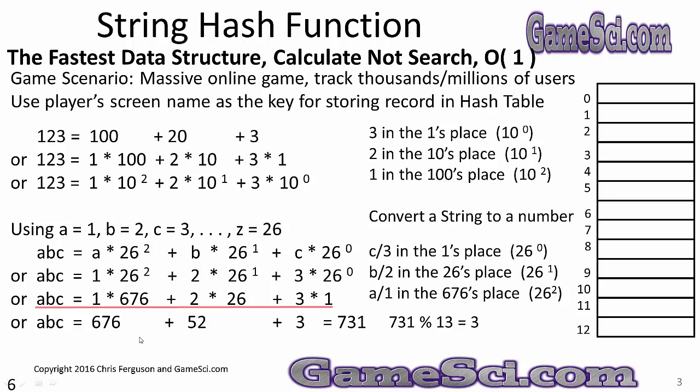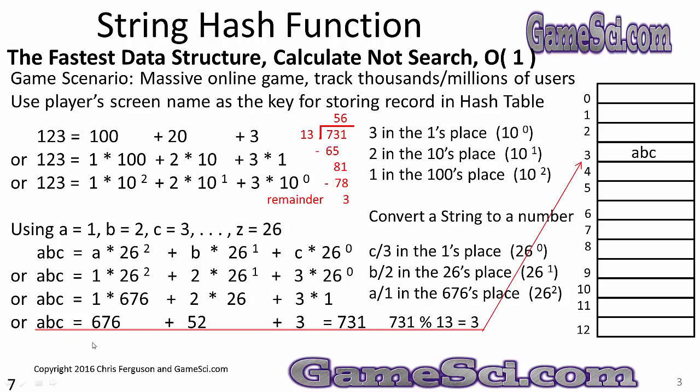Substituting in the powers of 26, ABC equals 1 times 676 plus 2 times 26 plus 3 times 1. Those are simple powers of 26. Completing the math, ABC equals 676.